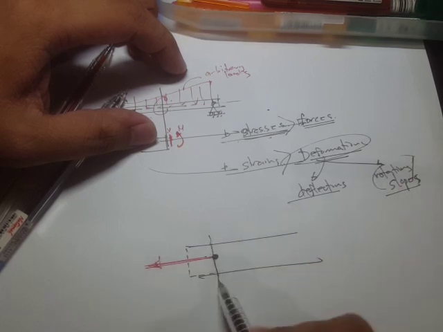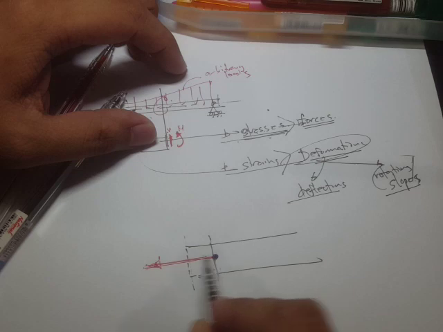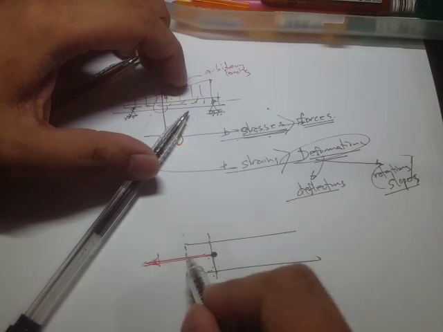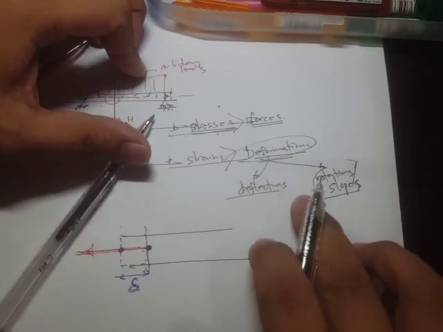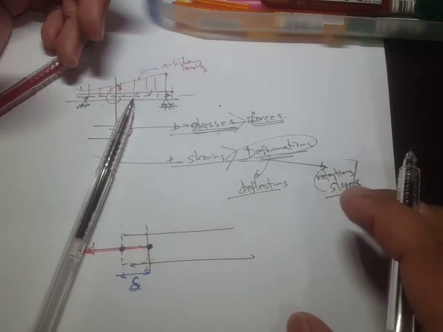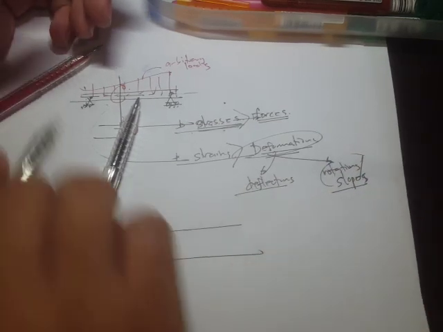We have this initial geometry, but because of the tensile stress, there's going to be elongation. And from this point to this point, this is what we call the deflection. Whereas rotations are about angular movements of the points.